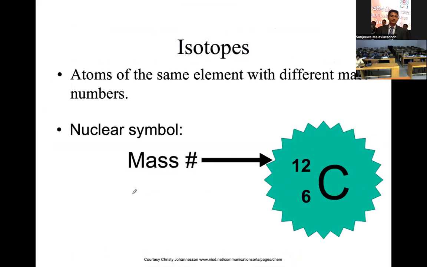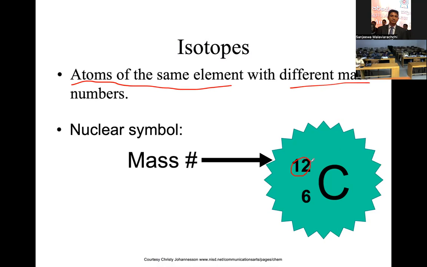Okay, so isotopes. What are the isotopes? The definition of isotopes, as you know already. What is the definition of isotopes? Atoms of the same element, but with different mass numbers. They have a different mass number, but the same element. So that's what we term isotopes.